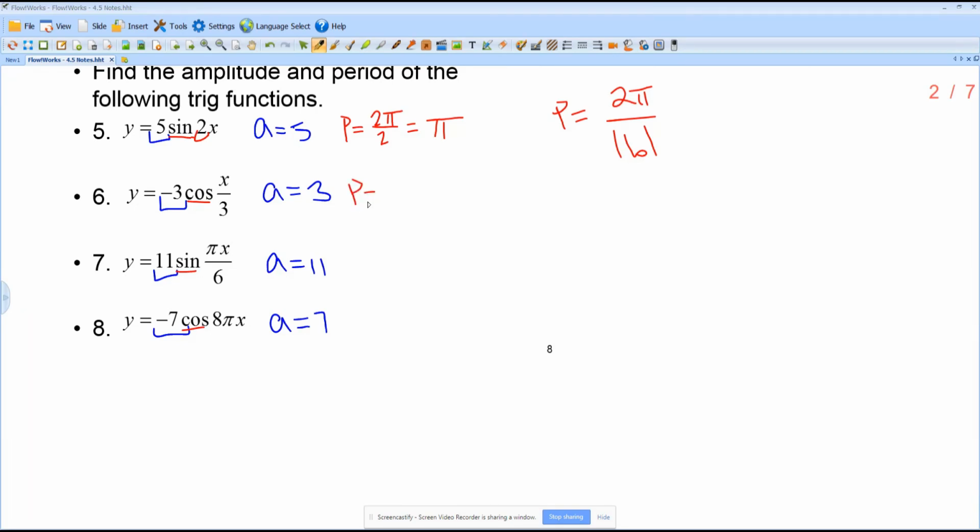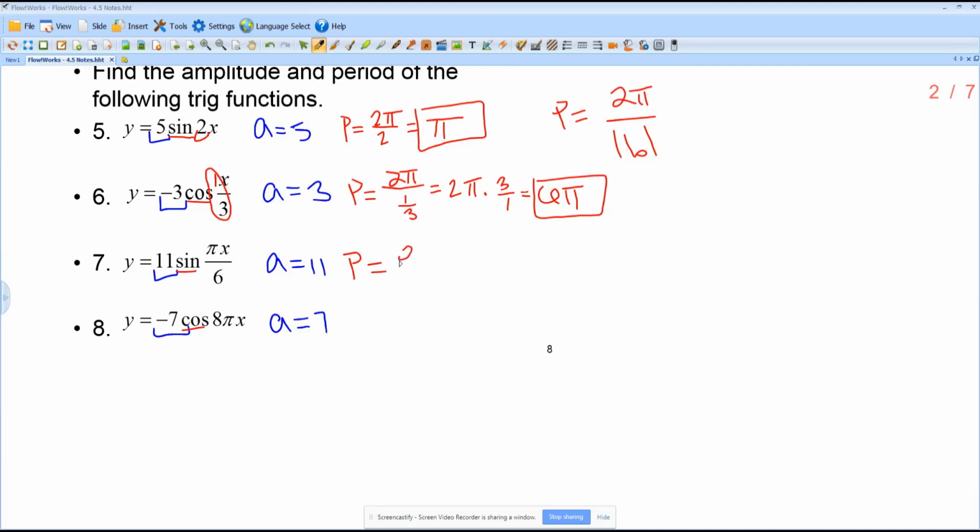Here, period is going to be 2 pi over, the coefficient of x is 1/3. So this is 2 pi over 1/3, which is really 2 pi times 3/1. When you divide by a fraction, you multiply by the reciprocal, which gives me 6 pi.